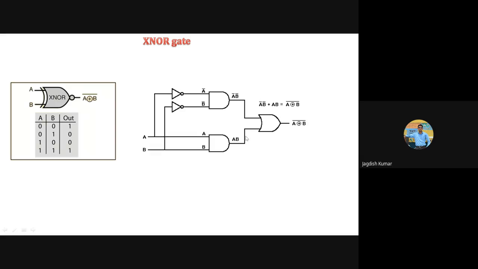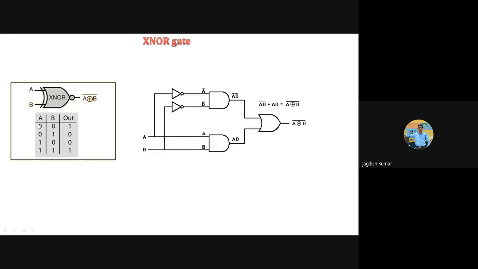And similarly, this is showing AB. And when these two are fed into the inputs of the OR gate, then the expression here becomes A bar B bar or AB, which is also this one, A exclusive OR B whole bar, nothing but the exclusive NOR gate.